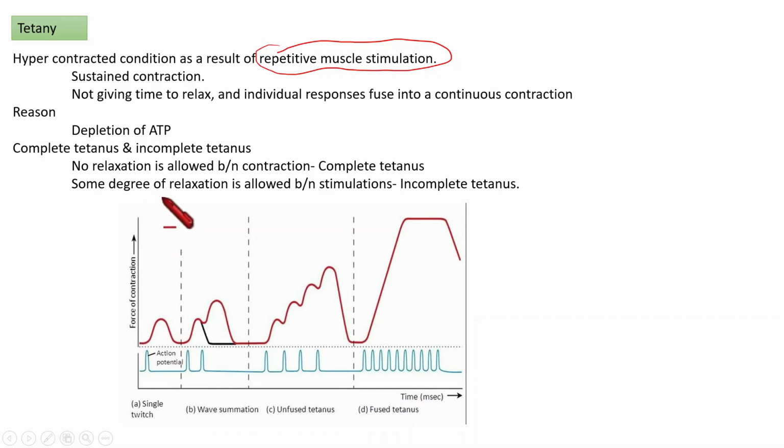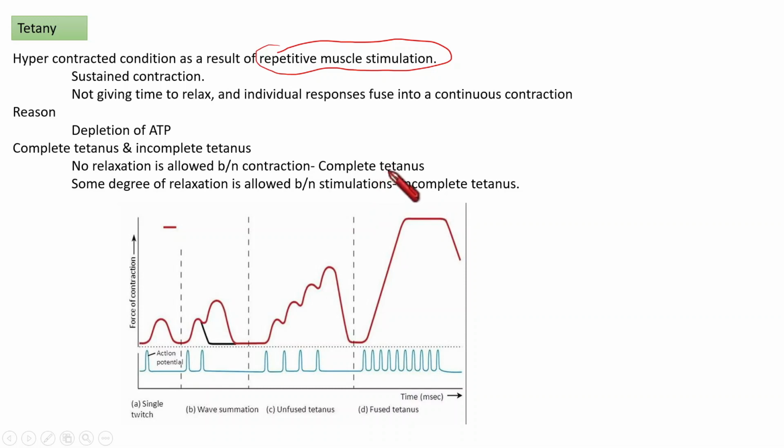Here some degree of relaxation is allowed between stimulations because that frequency is low when compared to the frequencies that we can see in this case. The interval period between these action potentials is less here, and high there. So that is why the muscle is getting a little time to undergo relaxation. So that is incomplete tetanus.